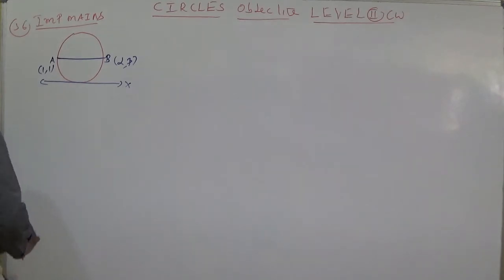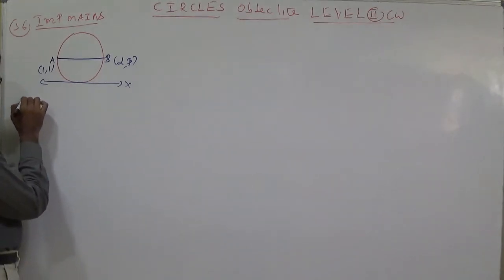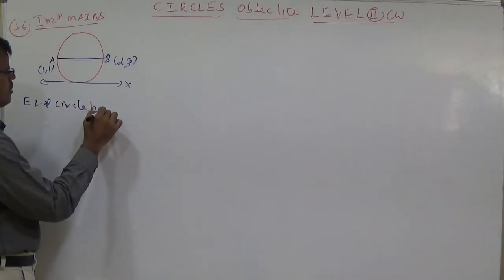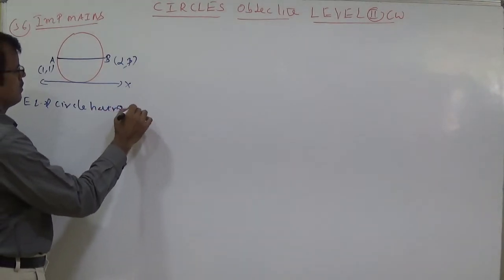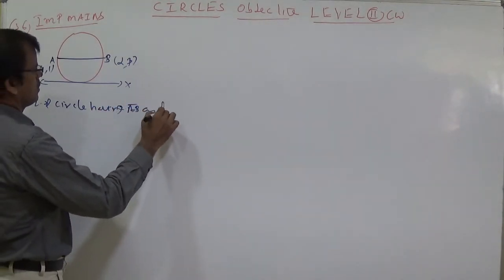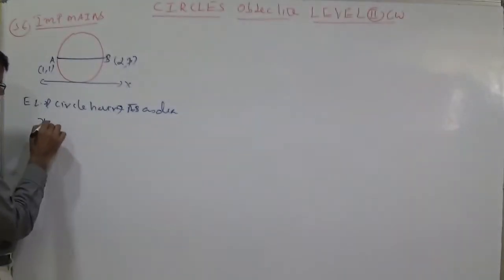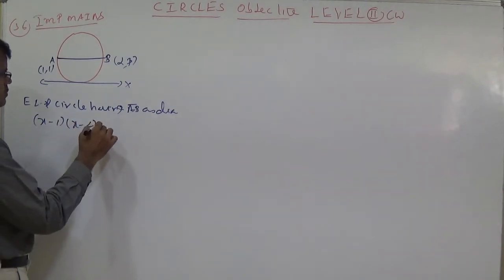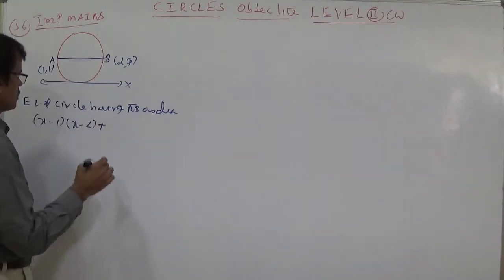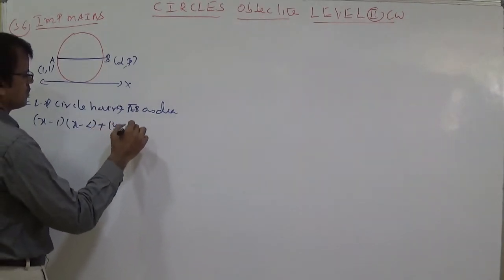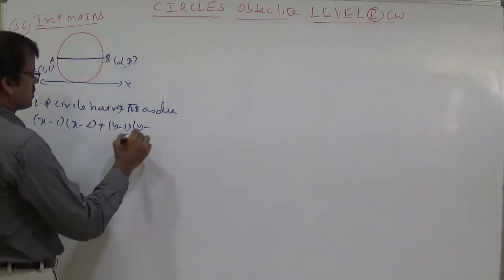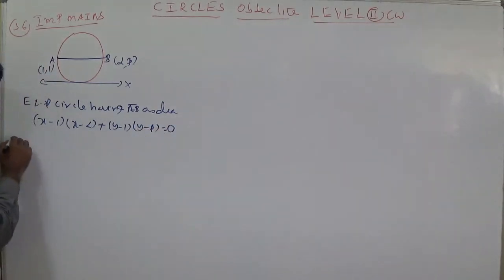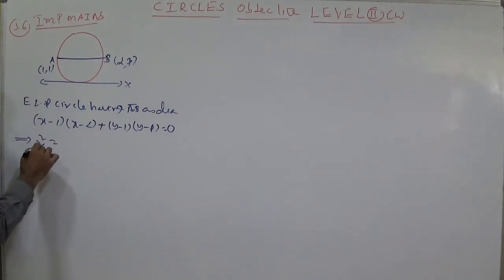Now, the equation of the circle having AB as diameter. The formula is (x minus x1)(x minus x2) plus (y minus y1)(y minus y2) equals 0. So (x minus 1)(x minus alpha) plus (y minus 1)(y minus beta) is equal to 0. Write this in the form of a circle.